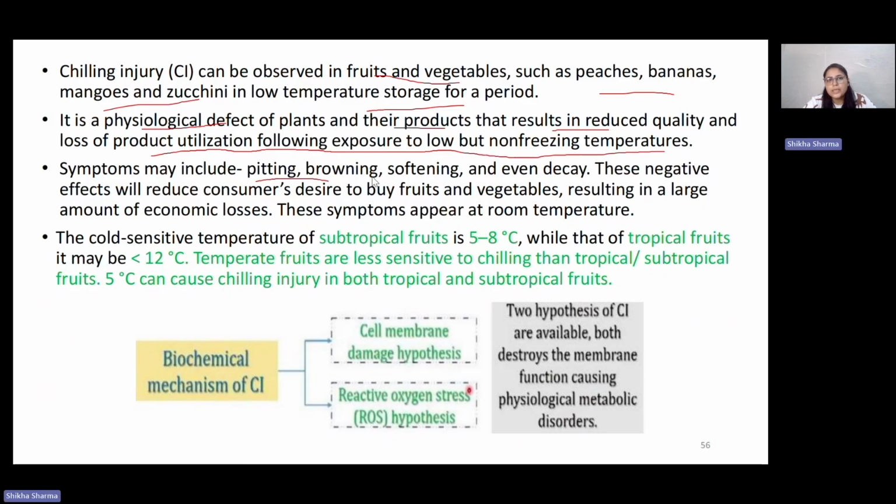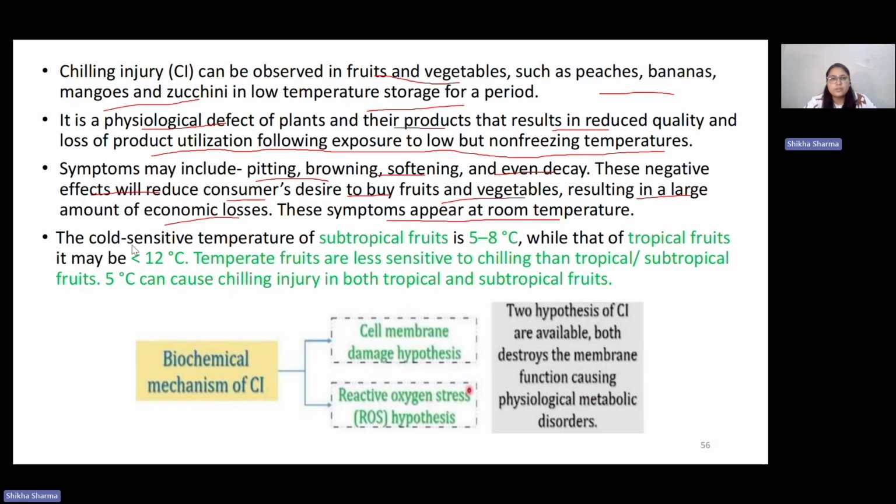Symptoms may include pitting, browning, softening, and even decay. And these negative effects will reduce the consumer's desire to buy the fruits and vegetables, resulting in a large amount of economic losses.